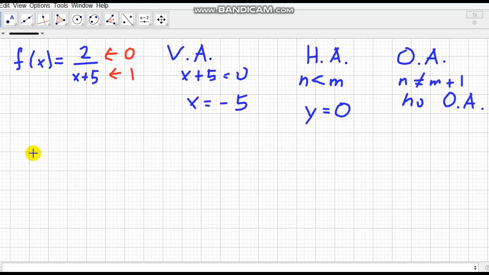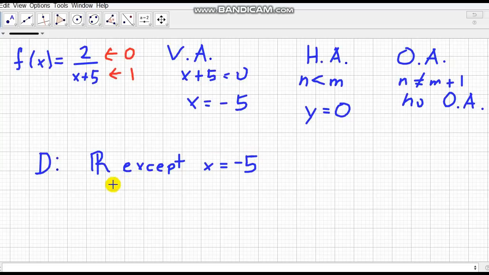Now, for the domain, what we're going to write here is all real numbers except x equals negative 5. This means that for the domain, we use all real numbers from negative infinity up to positive infinity, but we are going to exclude negative 5 as part of the domain since it's an asymptote.